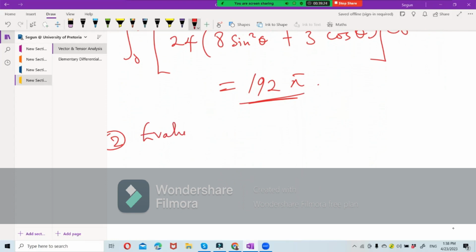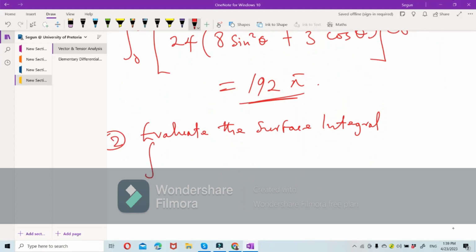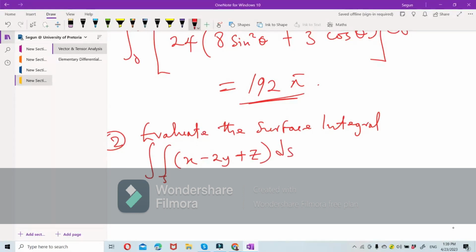Evaluate the surface integral, where z is equal to 2, then we have x squared plus y squared less than or equal to 1.